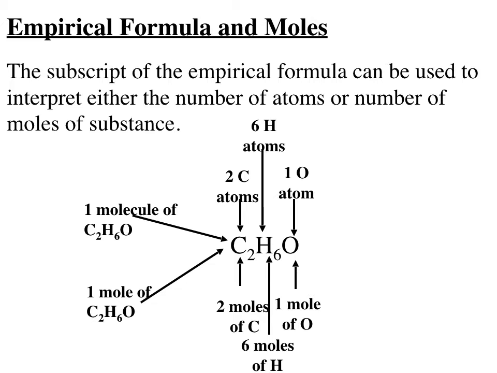Well, that is 2 times Avogadro's number. 2 times 6.02 times 10 to the 23rd would be 1.2 times 10 to the 24th atoms of carbon in that 1 mole sample of ethanol. In addition, there would be 6 moles of H in that 1 mole sample of ethanol, and there would be 1 mole of O's. And again, in our 1 mole sample of ethanol, there's 6.02 times 10 to the 23rd oxygen atoms in that collection.